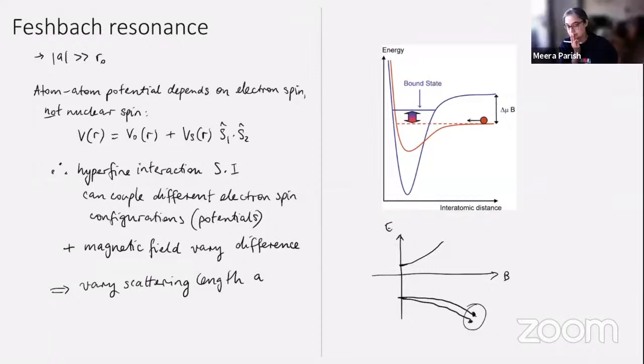Maybe one way to say this: the magnetic field acts on these potentials through the total spin. The total spin, S1 plus S2, in one case is 0. So for the red curve, the open channel, the field is not acting at all, at least in the electronic part. The triplet one, the blue one, has total spin 1, so it is sensitive to Zeeman energy, while the red one is not.